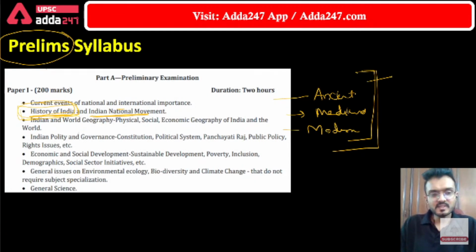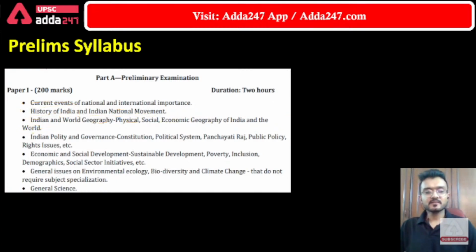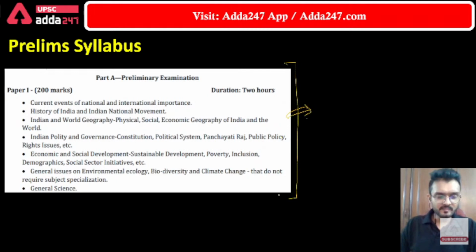If we see the syllabus of geography, it is defined as Indian and world geography, physical, social, economic geography of India and the world. Again, all aspects of geography are written here without defining the subtopics of the syllabus. So this is the syllabus of prelims, and due to the unclear guidance by the UPSC, it becomes very difficult to excel in the prelims and to decide what to read and what not.